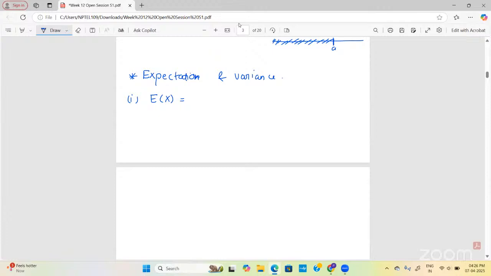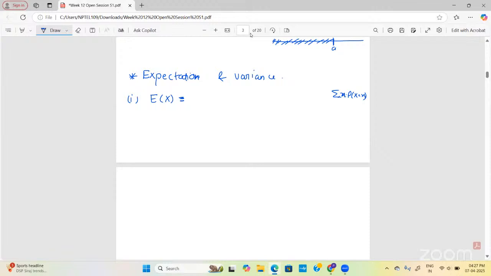Ma'am, is it n plus 1 over 2 for a uniform? No, see, we don't have to write for a particular case. In general, how will you find the expectation of x? Continuous, right? Yeah, we have to find it for continuous here, but first tell me for the discrete case, because you have already studied that. Summation of xi multiplied by P(X equal to xi). Yes, okay. So we multiply the variable by the corresponding probabilities.